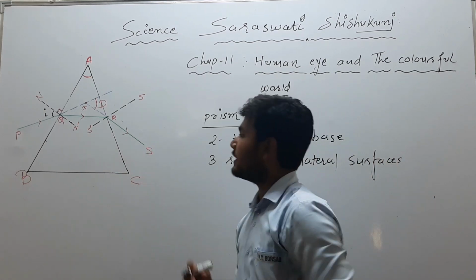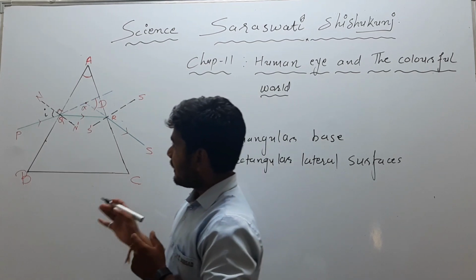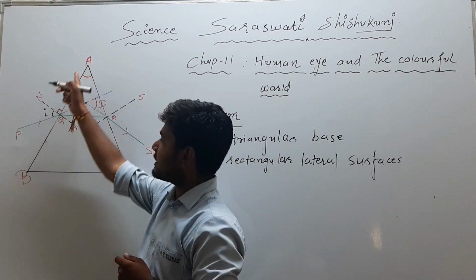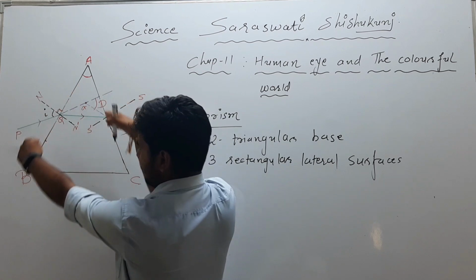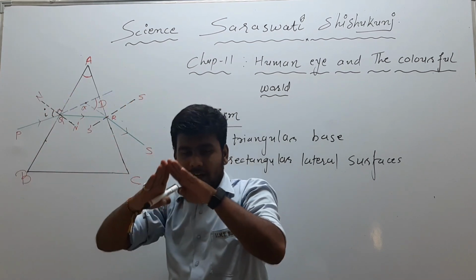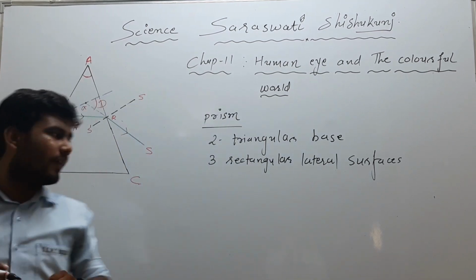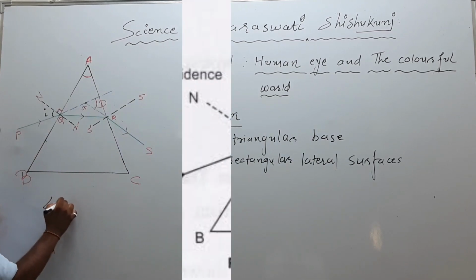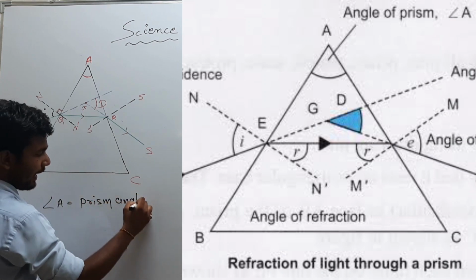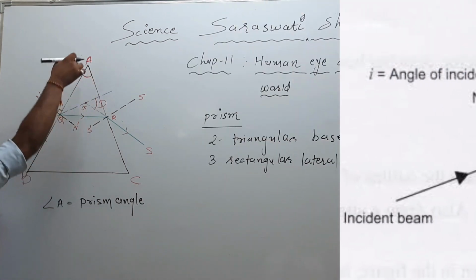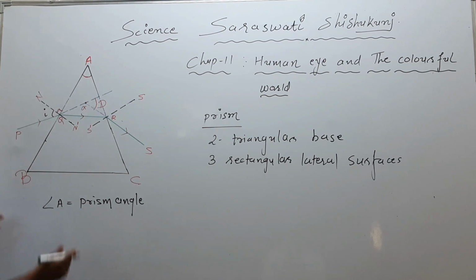Now let's see how refraction is done through a prism. As you can see, here my prism is ABC. The angle between two lateral surfaces is called the prism angle. So angle A is the prism angle because it is made by two lateral surfaces.